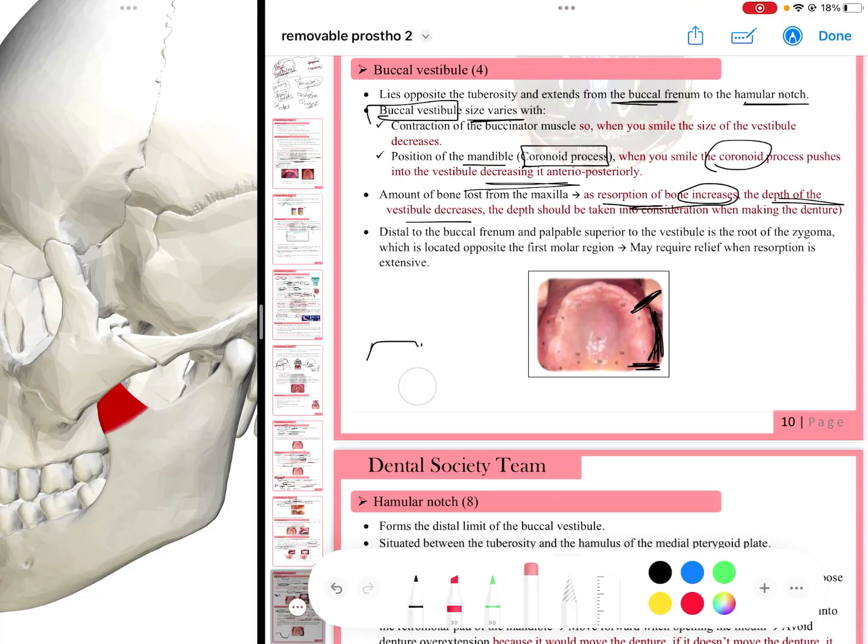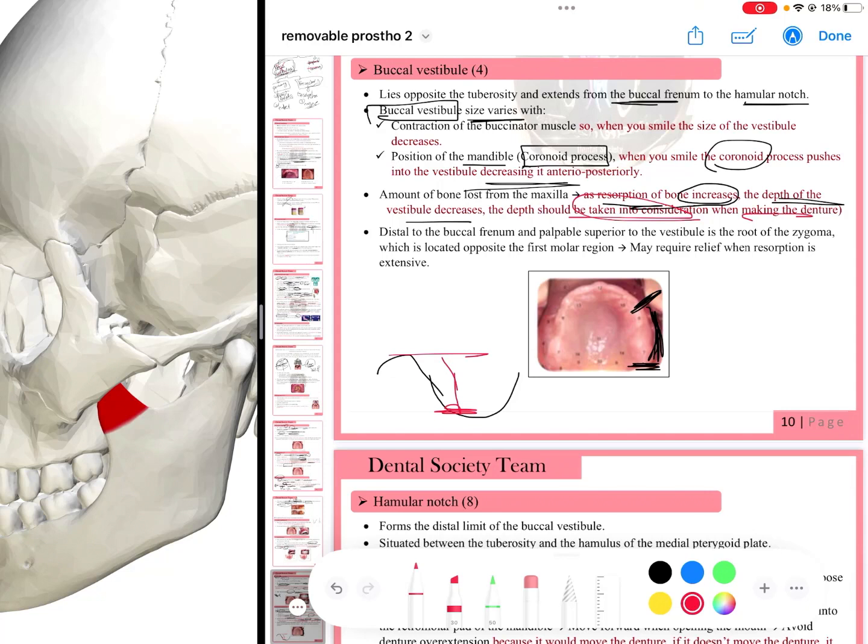Again, this is the ridge and this is the vestibule. If we want to measure the depth, it is from here until here. Now if the resorption increased, what will happen to the depth? The depth will decrease, right? Now the depth is just from here to here, so the vestibular depth will decrease. Okay, the depth should be taken into consideration when we make the denture.